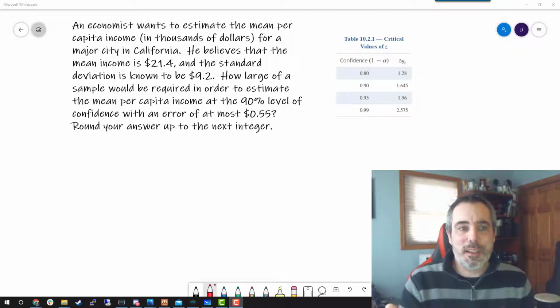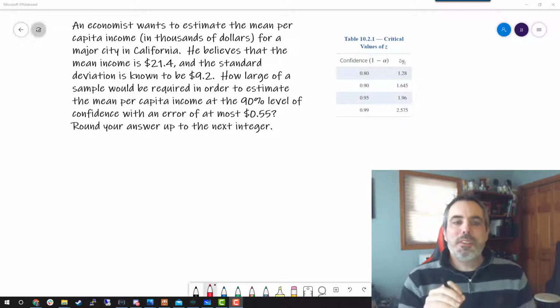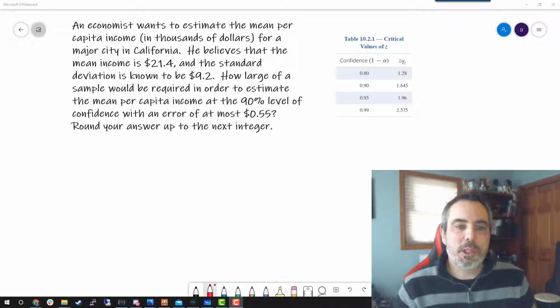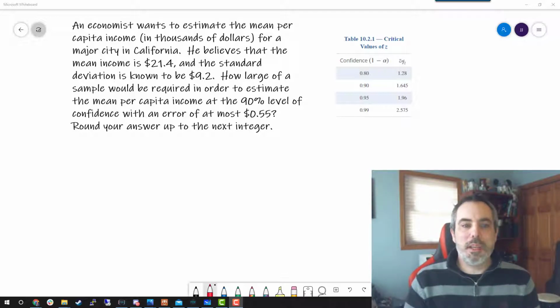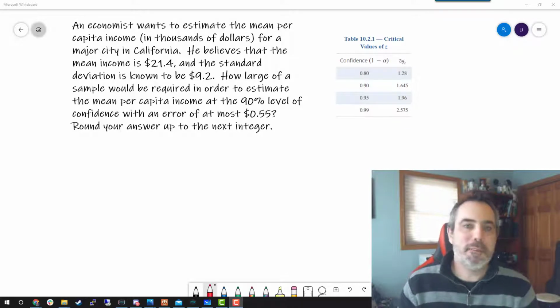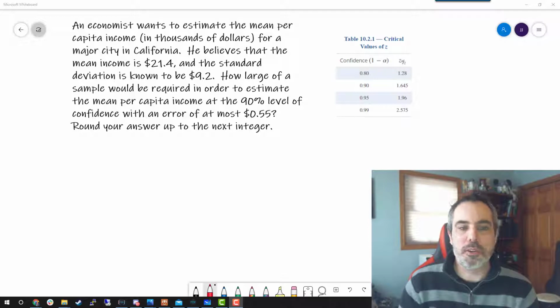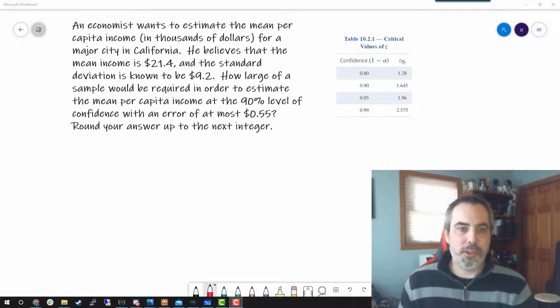And I don't know if that's in thousands, so it's really $21,400 for the average and $9,200 for the standard deviation. So he wants to say how large of a sample would be required in order to estimate this at a 90% level of confidence with an error of at most 55, in this case it looks like 55 cents, but $550. So round the answer up to the next integer.